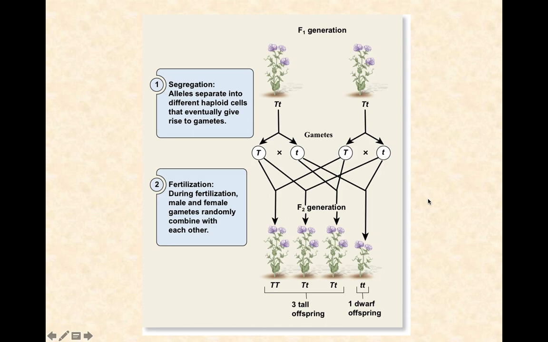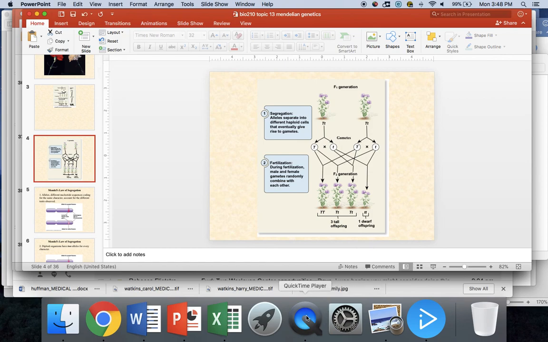And this all comes back to the process of segregation of alleles during meiosis, and then essentially recombining, if you will, of these alleles back in fertilization again. We're going to talk about this principle of segregation in the next short video. But in the meantime, I want you to spend a little time thinking about this one. Make sure it makes sense before you go on to the next video.